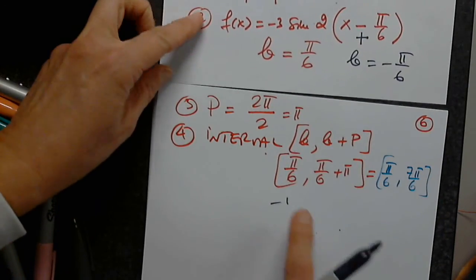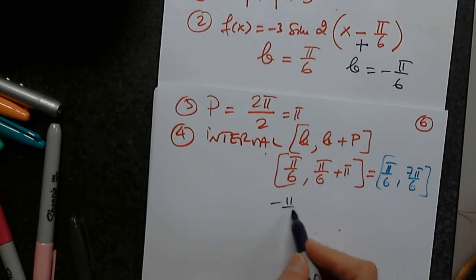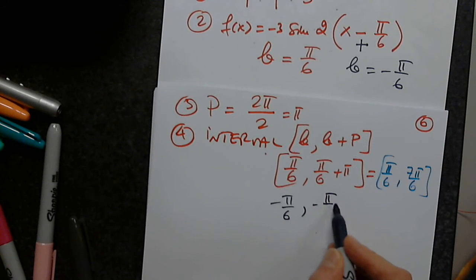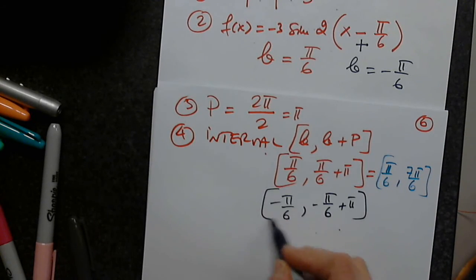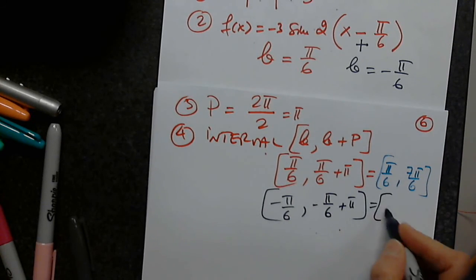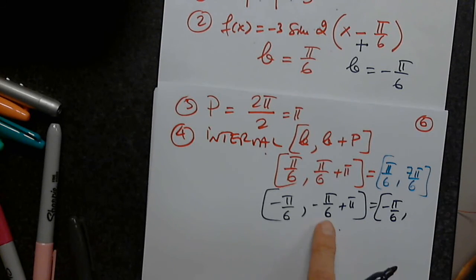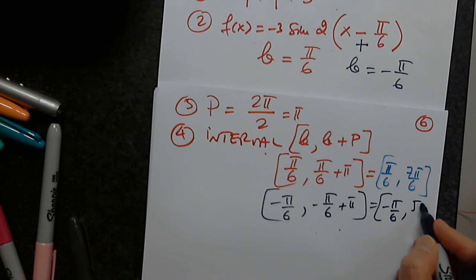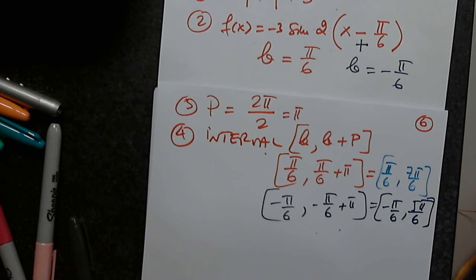Okay. And then the interval will be negative pi over 6, comma, negative pi over 6 plus pi. So this will be negative pi over 6, and this is 5 pi over 6. And then the graph will shift to the left 30 degrees or pi over 6.